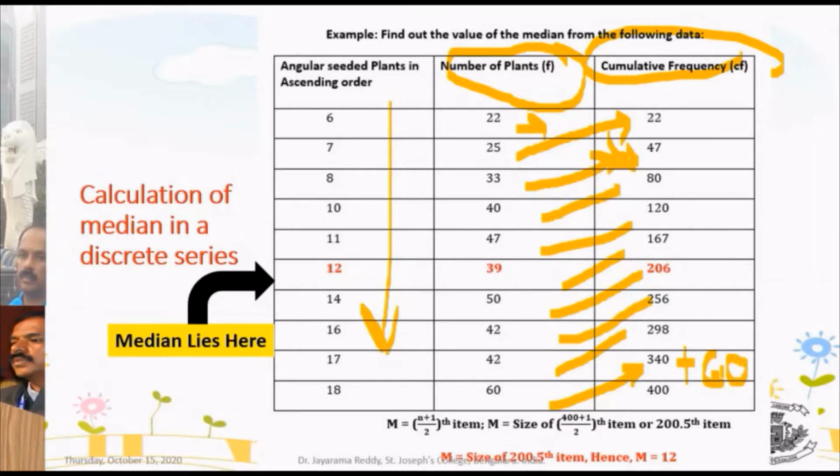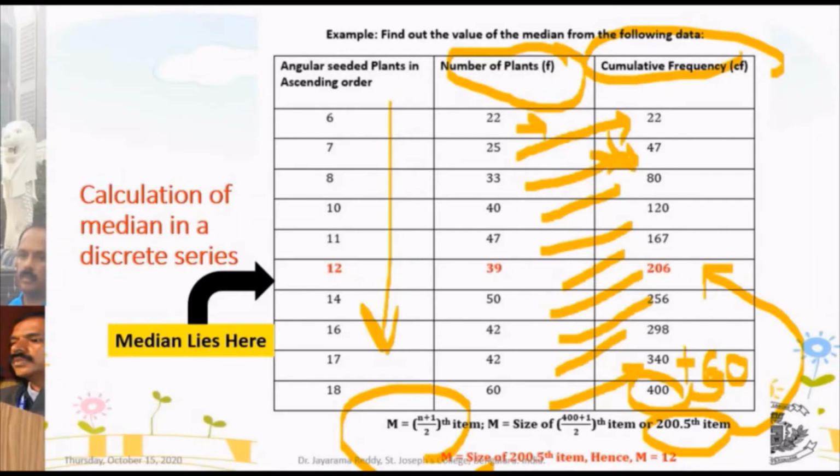Alright, and for calculating median, you need to have the cumulative frequency and use the formula M is equal to n plus 1 by 2th item. So you get the median value. Here the value that you get is 200.5, that is not available.